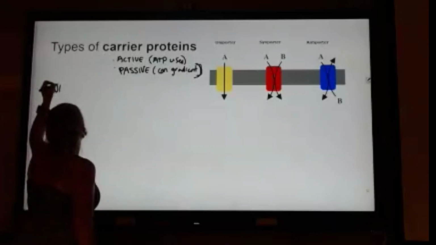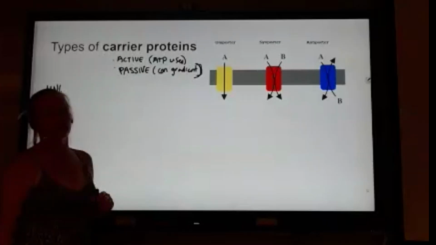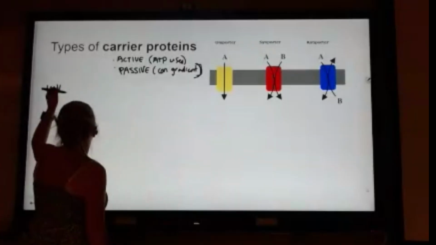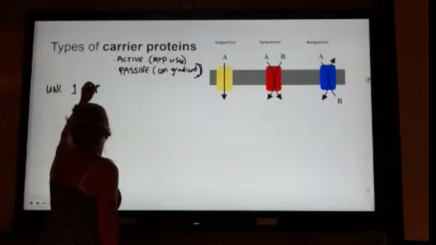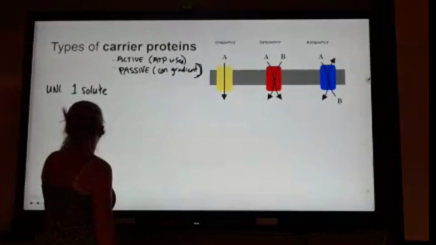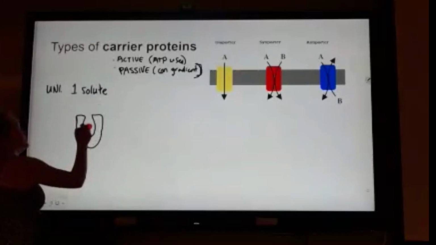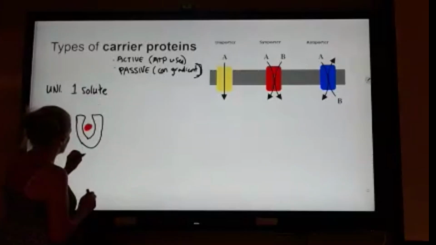So our unitransport protein, just like a unicycle has 1 wheel, a unitransporter is going to transport 1 solute. Okay, so we're taking our solute from the exterior of the cell.